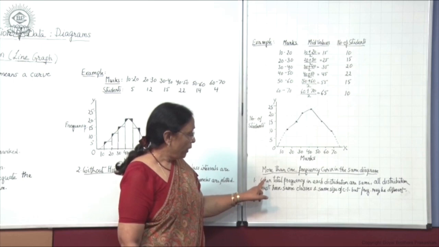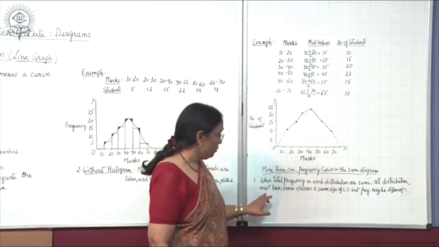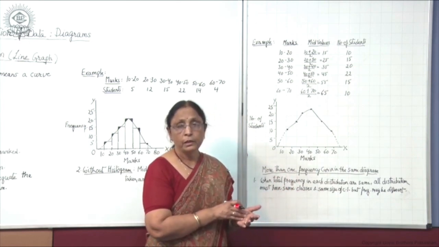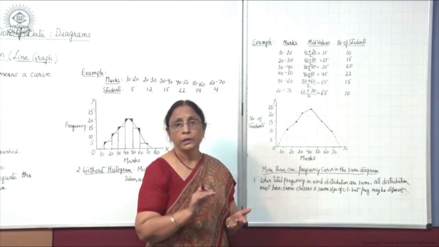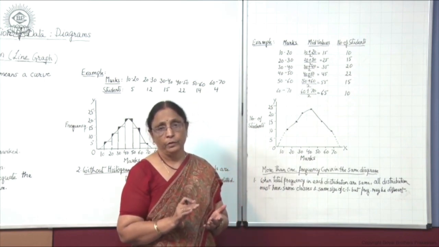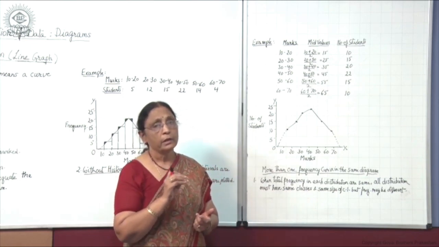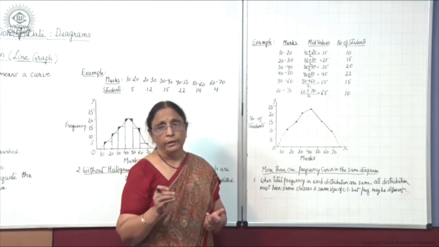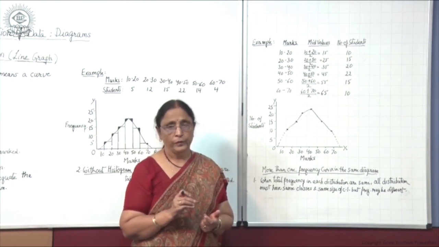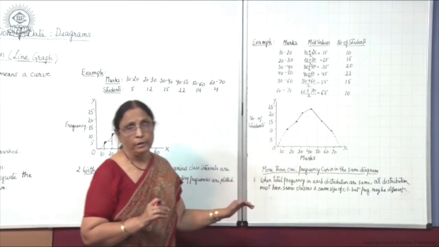Total frequency is the same, but individual frequency is different and class interval is the same. So the total of frequency should be the same and the class size should be the same. Then we can draw two frequency curves on the same diagram. This again I will tell you with the help of an example.